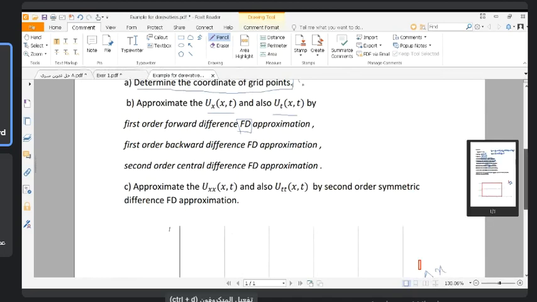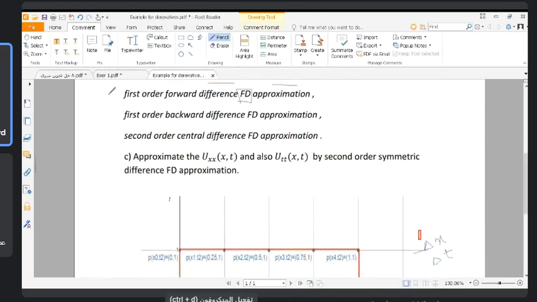Okay. For this question, we want to compute the first order forward finite difference approximation.